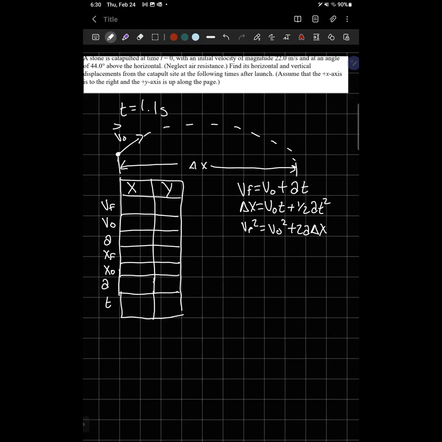We have initial velocity. Okay. Do we have it in the X or the Y or both? Or none? Both. Okay, we have it in both. So what is the initial velocity in the X?